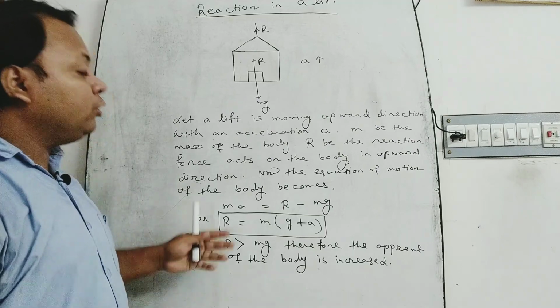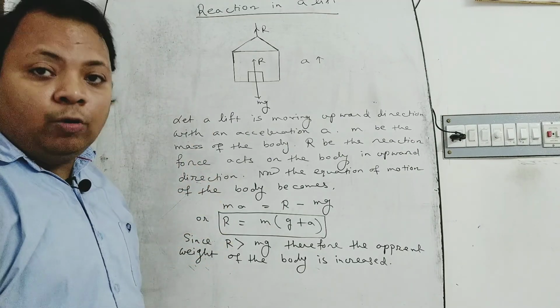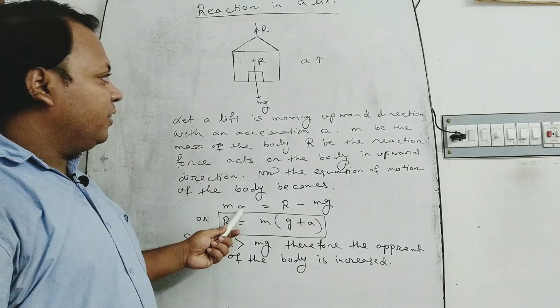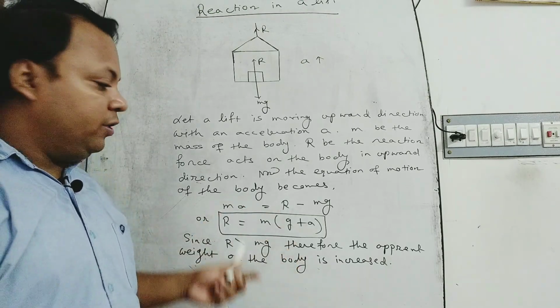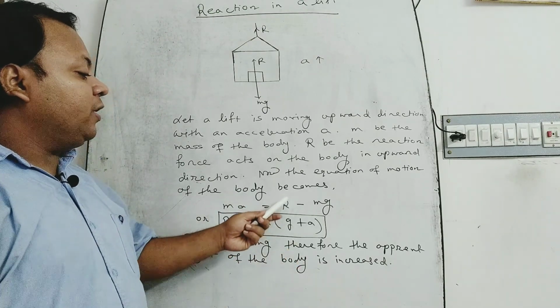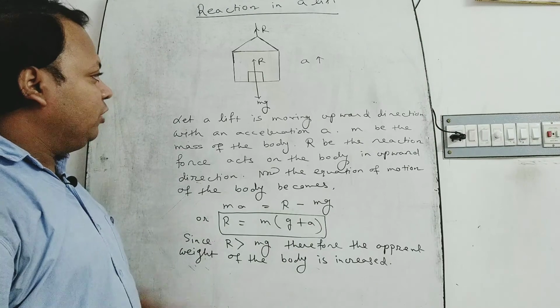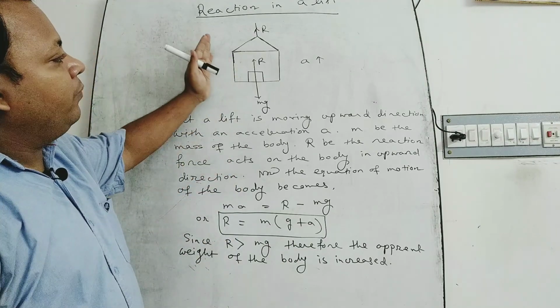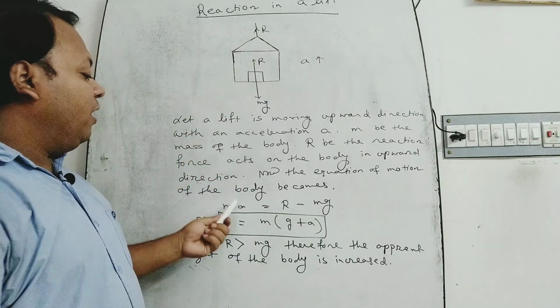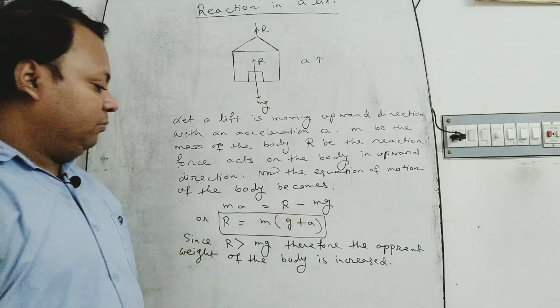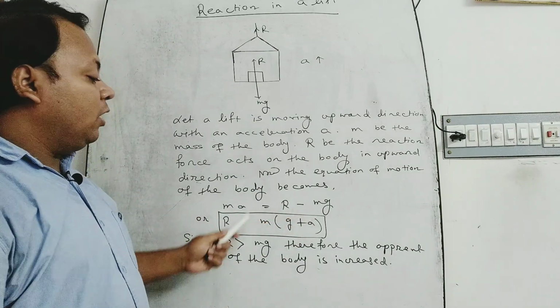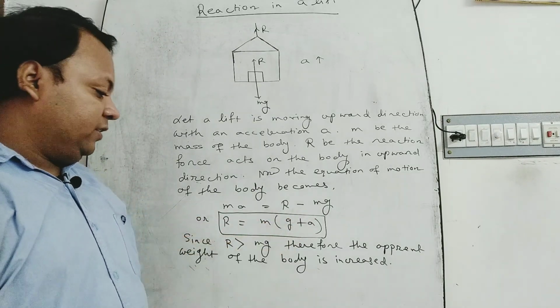Therefore, the equation of motion of the body will be ma, the resultant force on the body, ma = R - mg, or R = m(g + a).